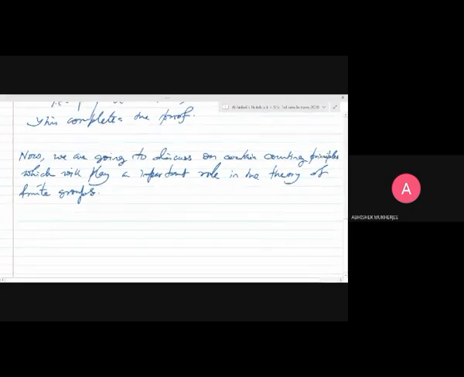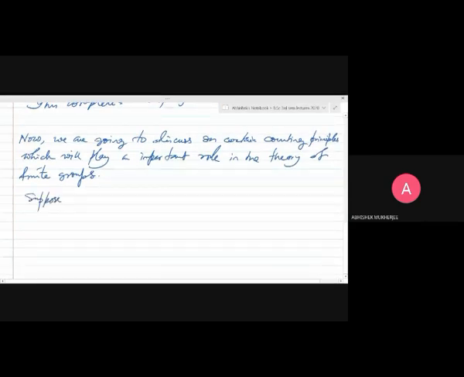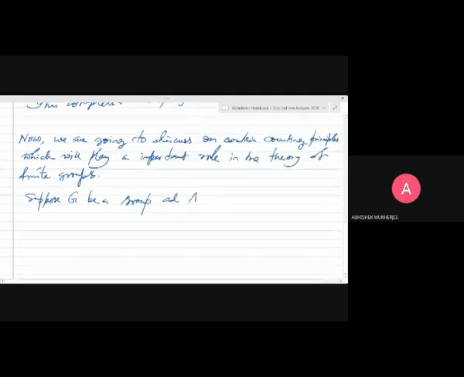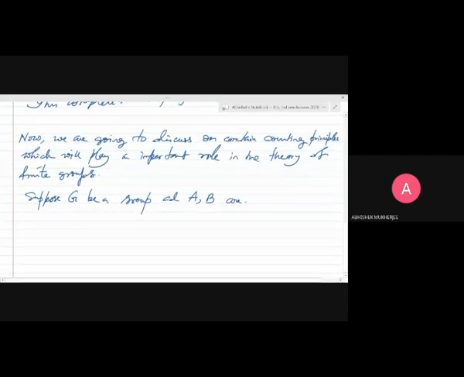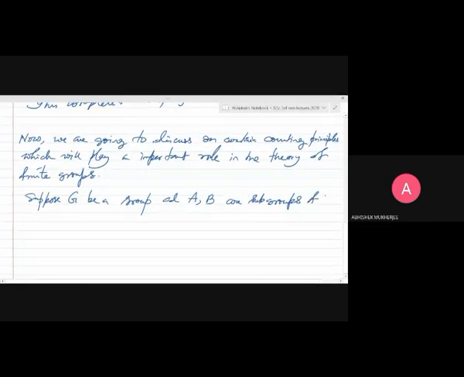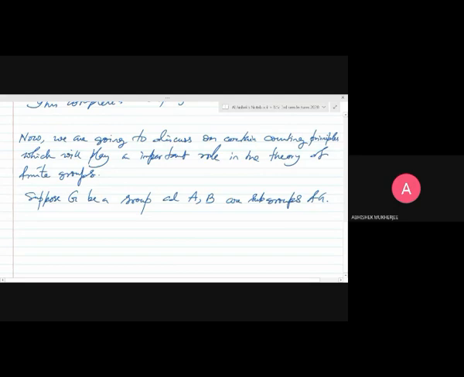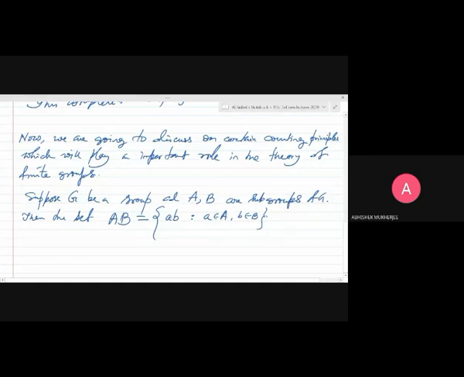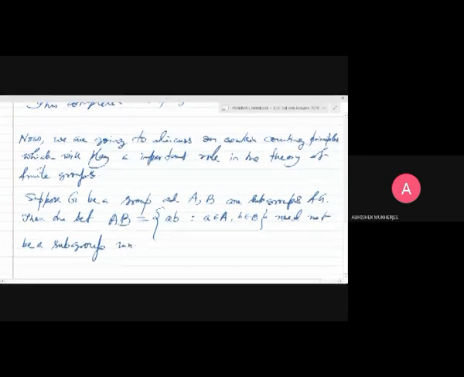For instance, suppose G be a group. Suppose A and B are subgroups of G. Then the set AB, denoted by AB, which is constituted by the elements of this type, a, b, a compose b, where a belongs to capital A and b belongs to capital B. Then this set need not be a subgroup unless AB equal to BA.